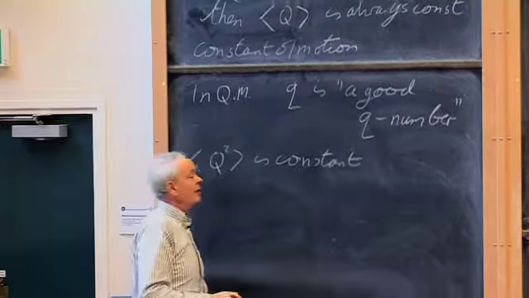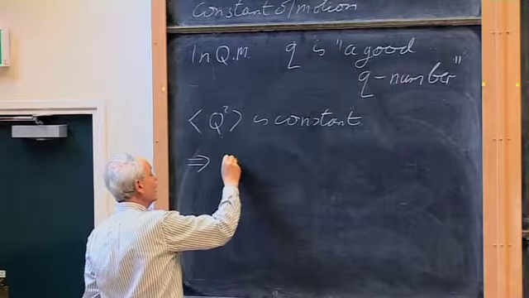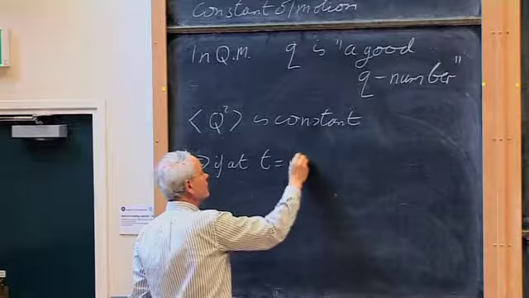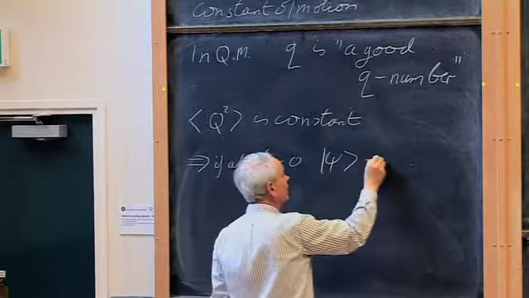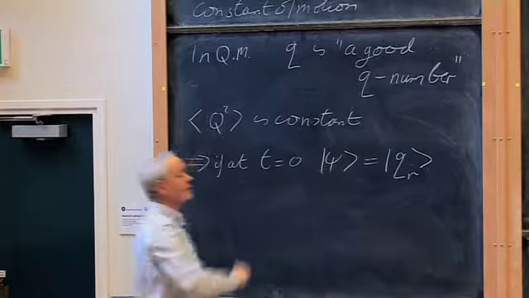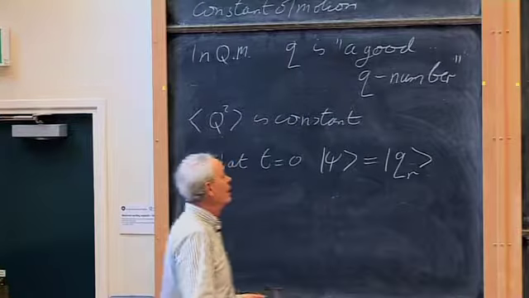That means that if initially, at t equals 0, ψ is one of the states of well-defined Q, so Q_r, one of the eigenstates of the operator Q, so we know for certain the result of a measurement will be Q_r, then what does that mean?